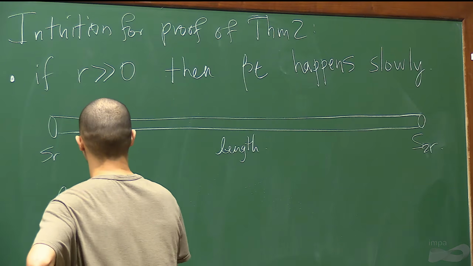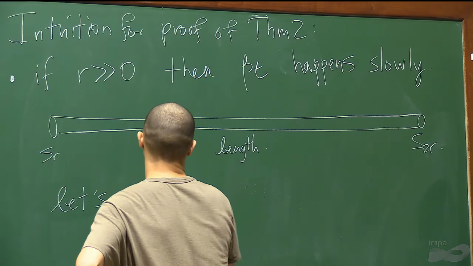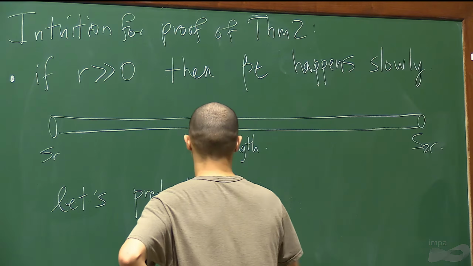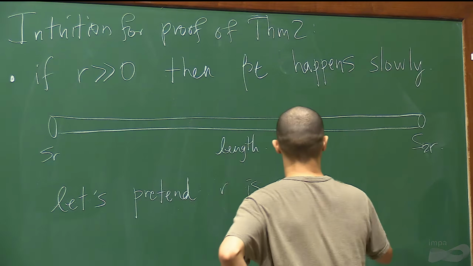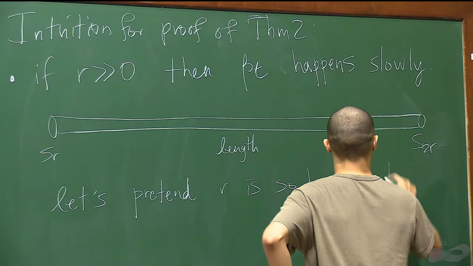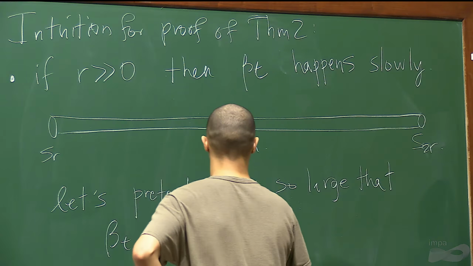Okay, so now I'm going to make a simplifying assumption. Let's pretend that R is so large that beta t is locally constant.